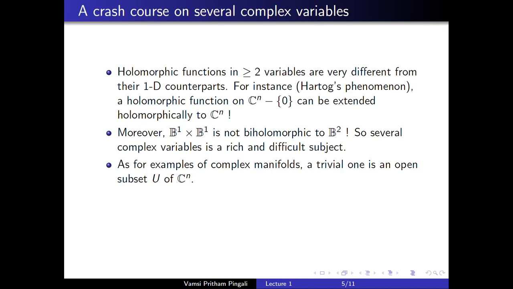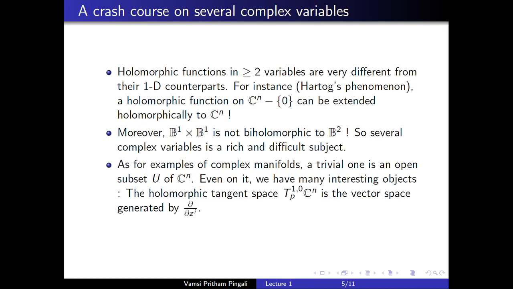If you just think of Cn as R2n, then you'll simply say, oh, all right, what's the big deal? It's just R2n, right? But that's not it. There's more to it. For example, if you take Cn as R2n, you have the usual tangent space, right? What does the tangent space consist of? It's a vector space that is generated by the bases d by dx and d by dy, right?